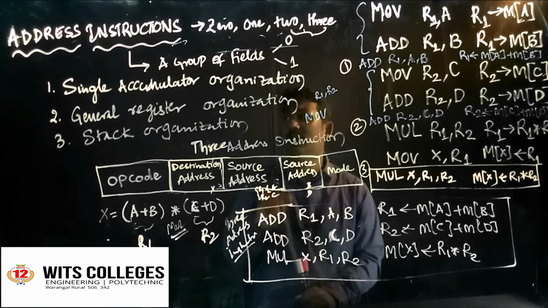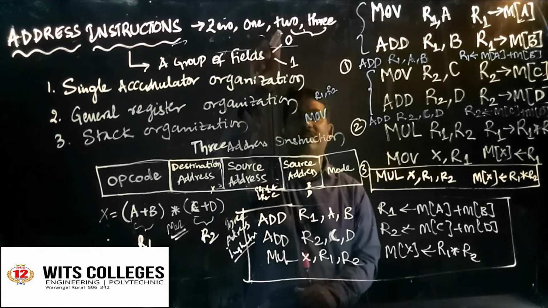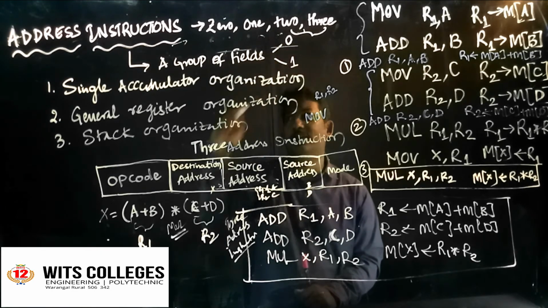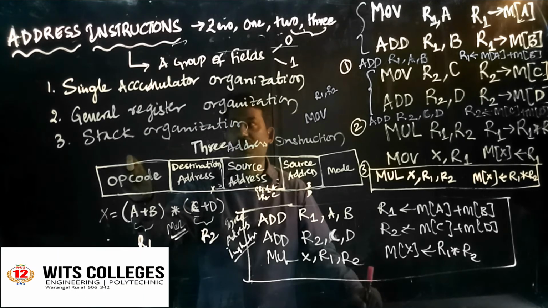Once again, see here, address instruction formats are of 4 types: 0 address instruction format, 1 address instruction format, 2 address instruction format and 3 address instruction format. And these can be solved by using 3 different methods: stack organization, general register organization and single accumulator organization.